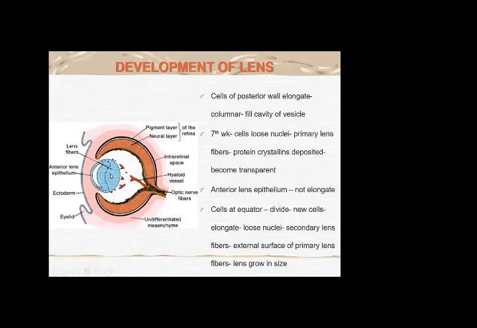Now, I told you this is the lens vesicle, this is the cavity of the lens vesicle, and this is the cuboidal epithelium all around. But this is the anterior wall here, and this is the posterior wall.